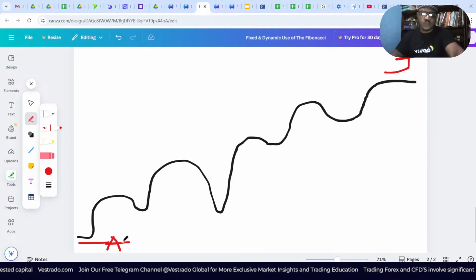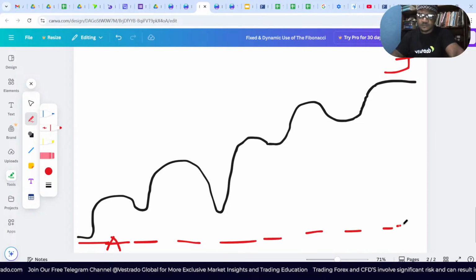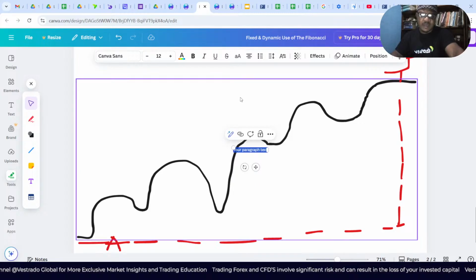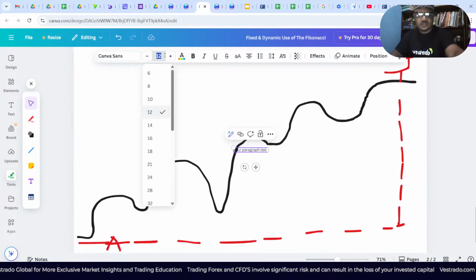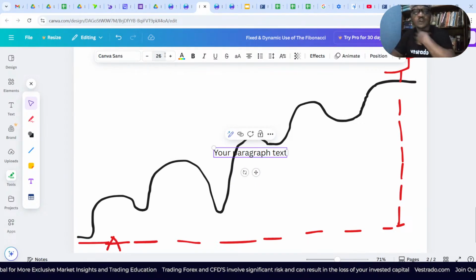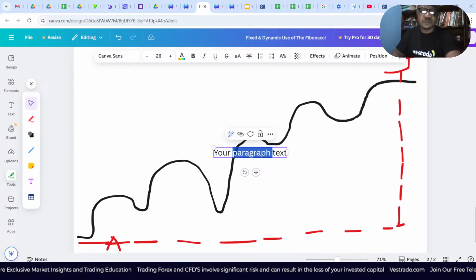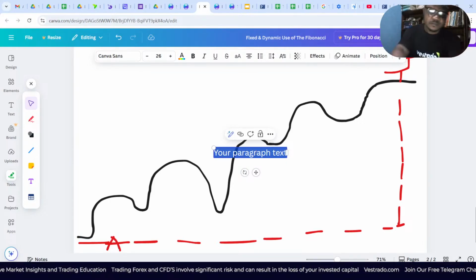So if you draw your Fibonacci all the way, okay, this, dear traders, in my experience, according to my understanding and my experience in the market, trading the market, this would be wrong.